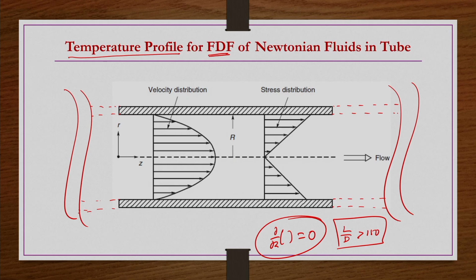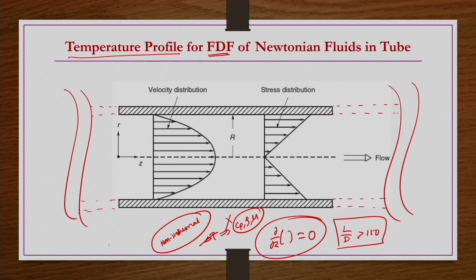Now we are revisiting the same problem, but with non-isothermal conditions, and the temperature difference is such that it does not affect physical properties like Cp, rho, mu. These are not affected by temperature.